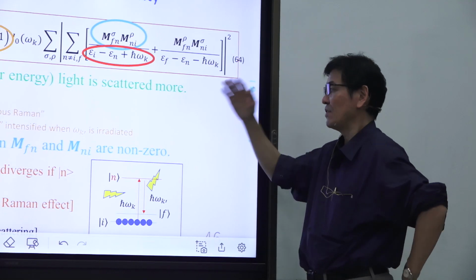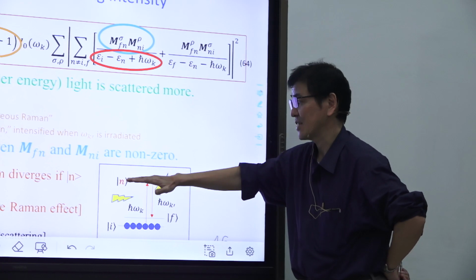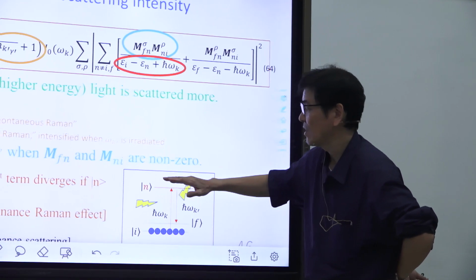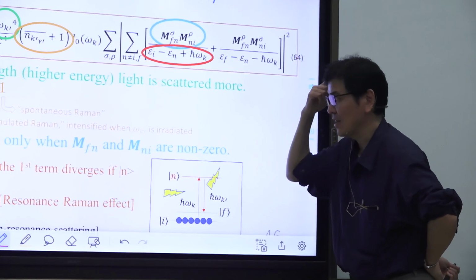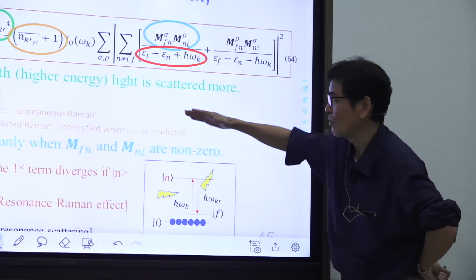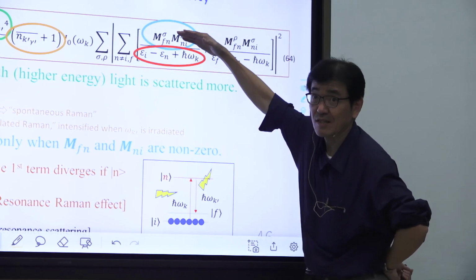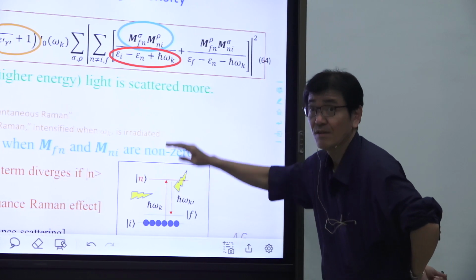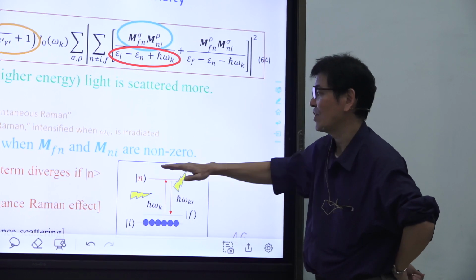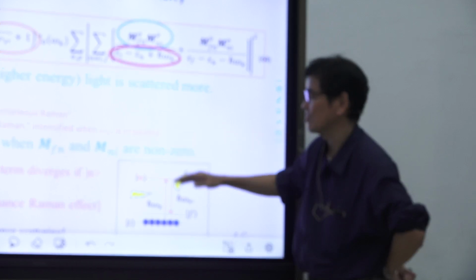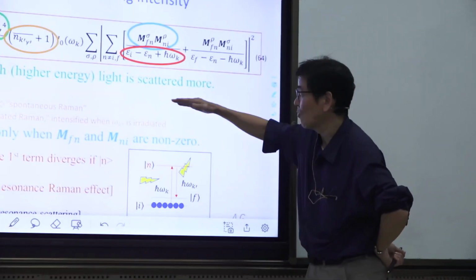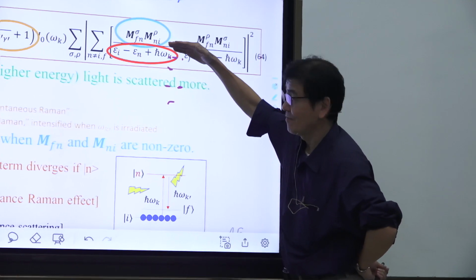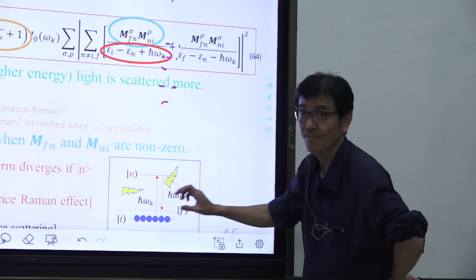When we call the intermediate state virtual, then we are thinking about the contribution from all the electronic states that are far from excitation energy. So not only one state contributes to the intensity, all levels, but far from excitation.